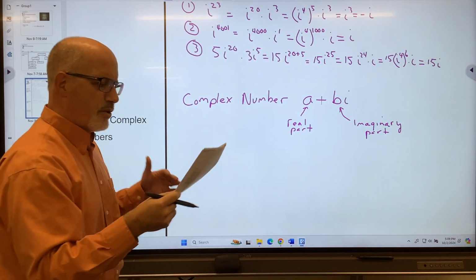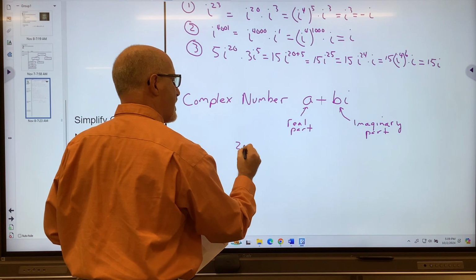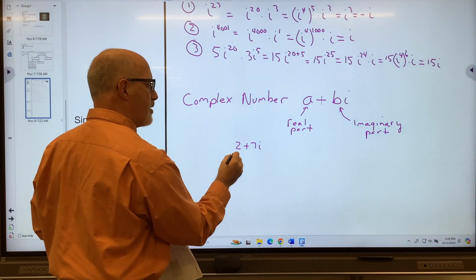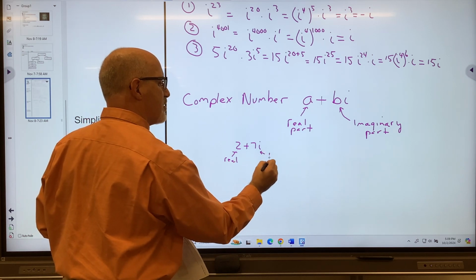So we want to take, for instance, a number like 2 plus 7i. This 2 is the real part, and this 7i is the imaginary part.